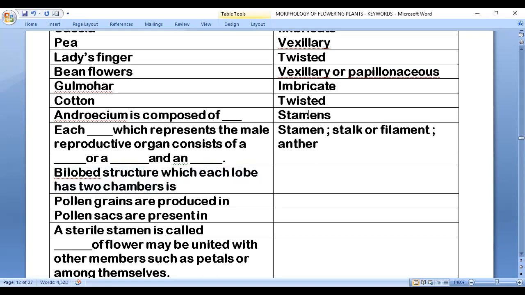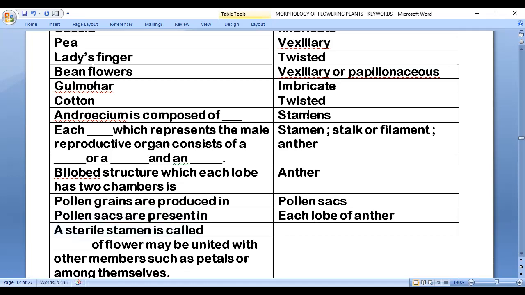The anther is a bilobed structure in which each lobe has 2 chambers. Pollen grains are produced in pollen sacs. Pollen sacs are present in each lobe of the anther.